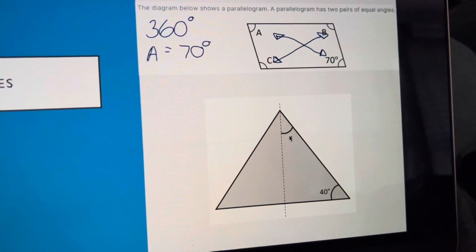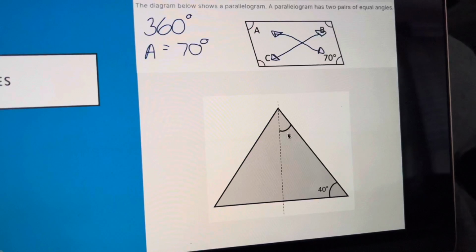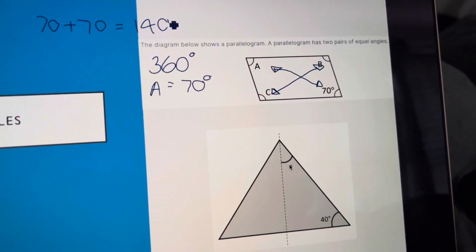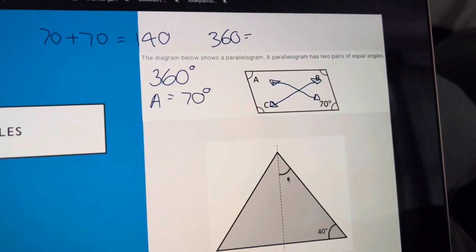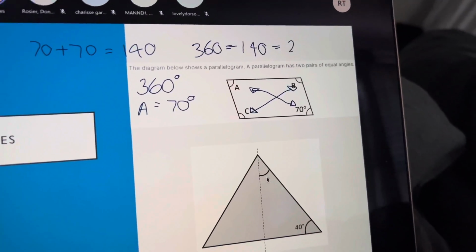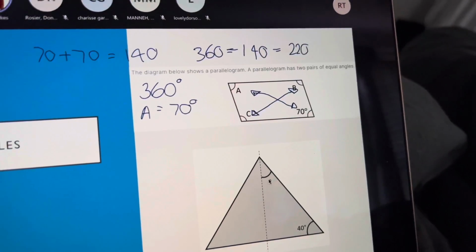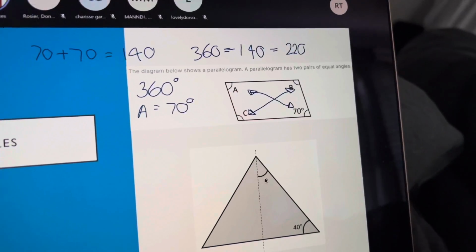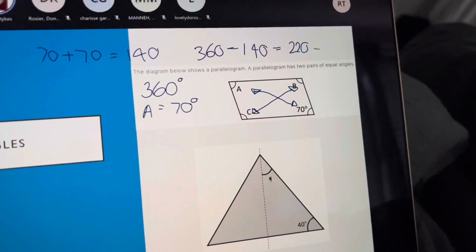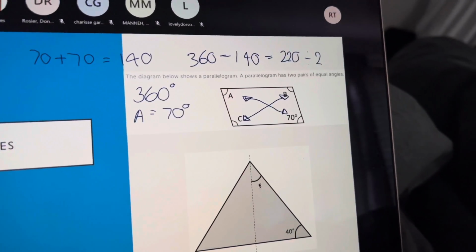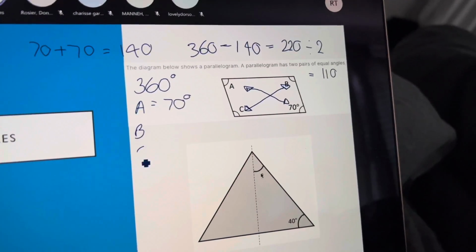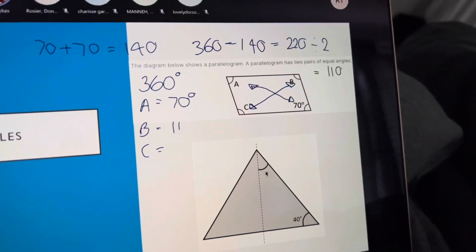And then to find C and B, we want to do 70 plus 70 to get 140. And we can take that away from 360 to find the remaining. It's 220. So that's the total of C and B together. And we know their opposites are equal, so we can just divide it by 2.